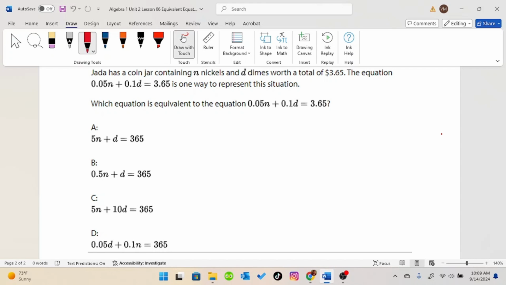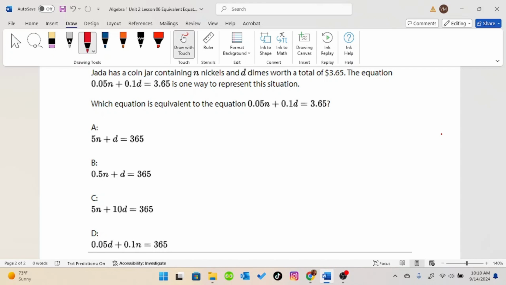The equation 0.05 times N plus 0.1 times D equals 3.65 is one way to represent this situation. Which equation is equivalent to the equation 0.05 times N plus 0.1 times D equals 3.65?